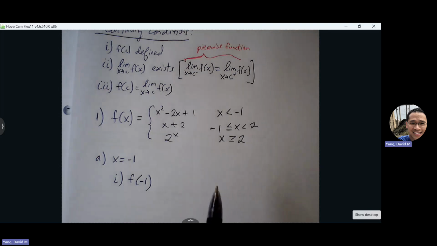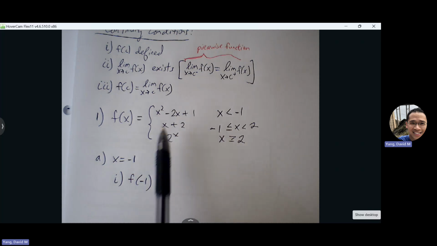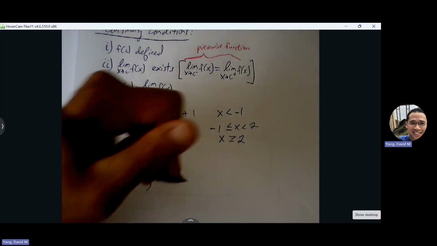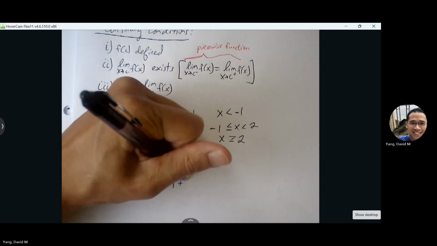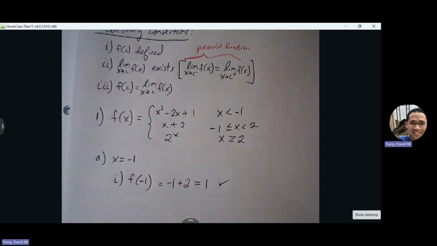Okay, which piecewise would define it? x plus 2, yeah, because of the less than or equal to, right? So we know this graph does define x at -1, so plug -1 in for x. -1 plus 2 is 1, so it passes the first condition, and we keep going.